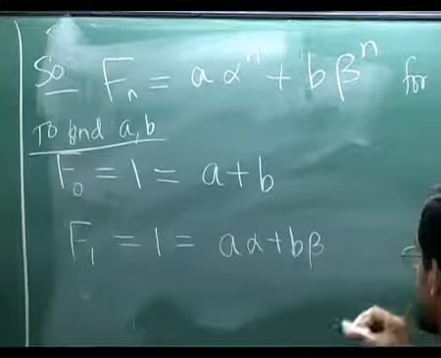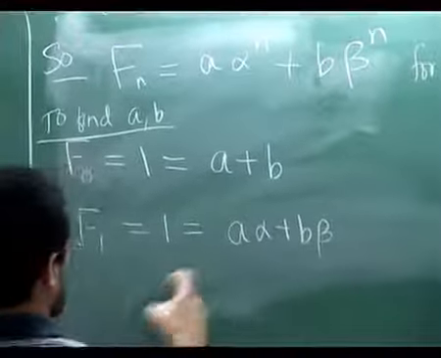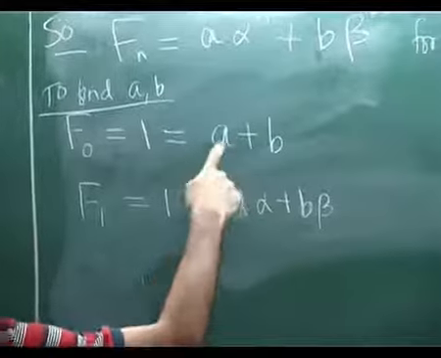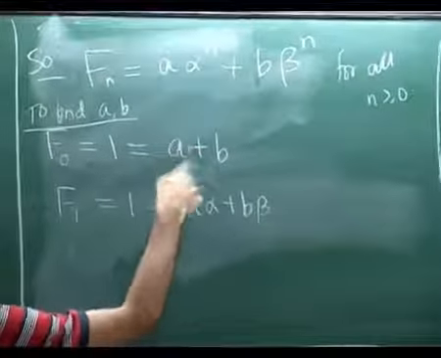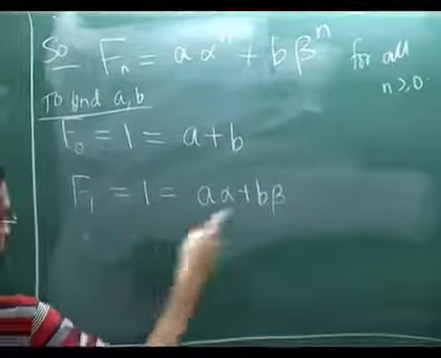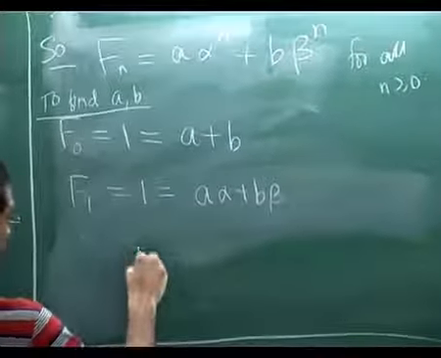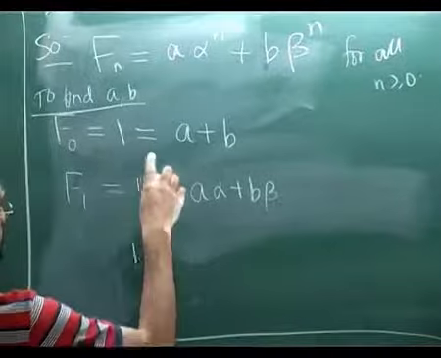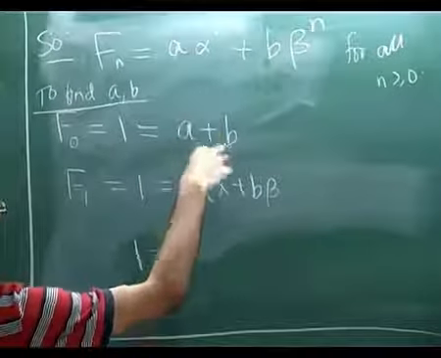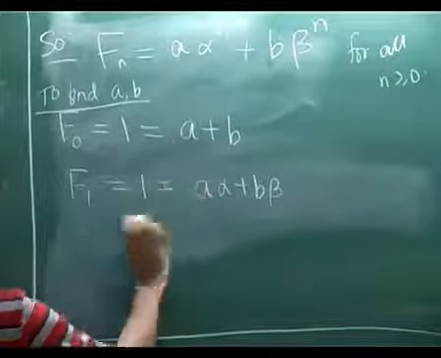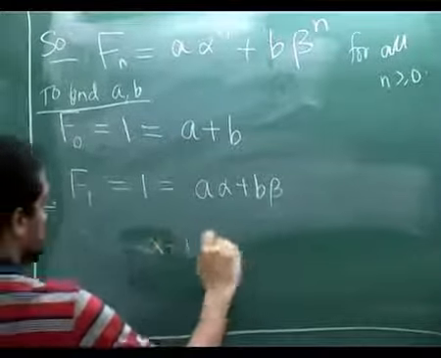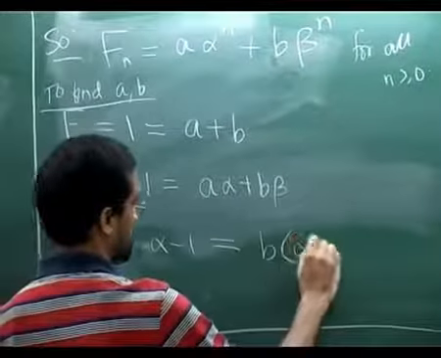So what is A? How should we do this? Let's multiply the first equation by alpha and subtract. From that I can compute B. So what will I get? 1 minus, I'm going to multiply this by alpha, alpha minus 1 is B times alpha minus beta.